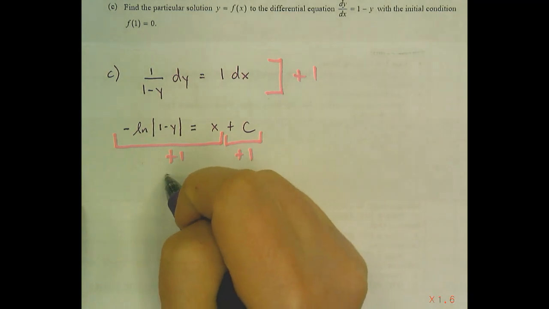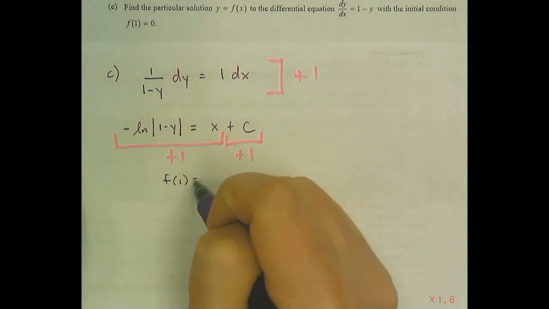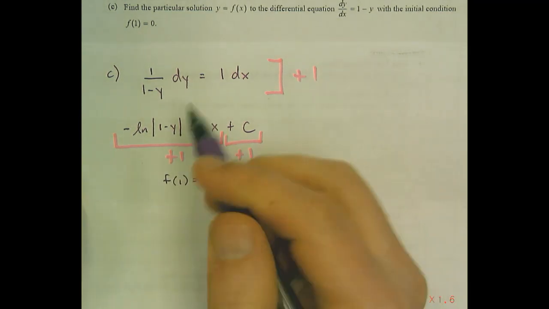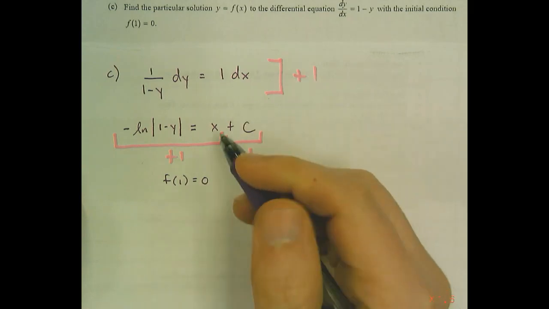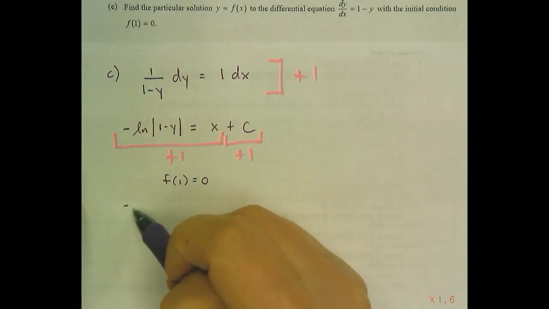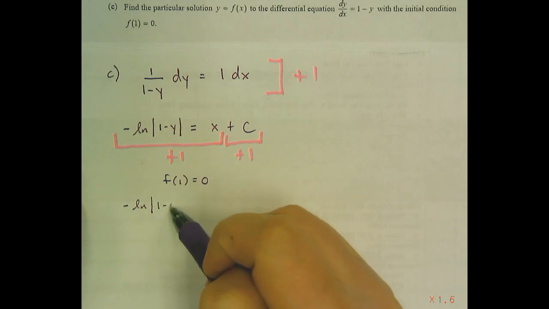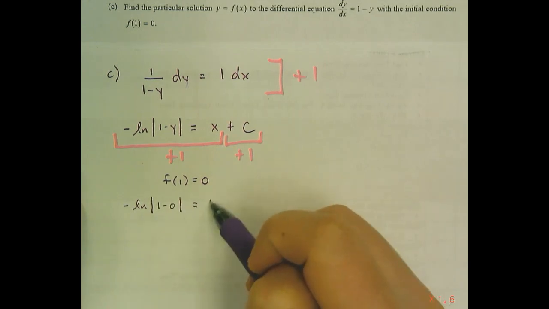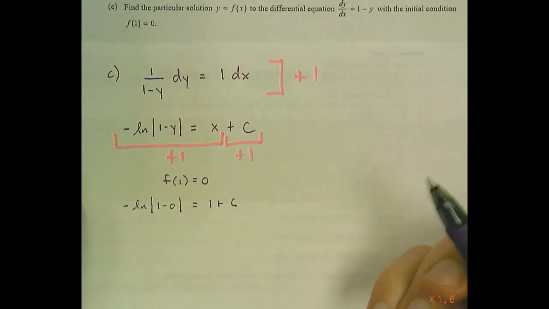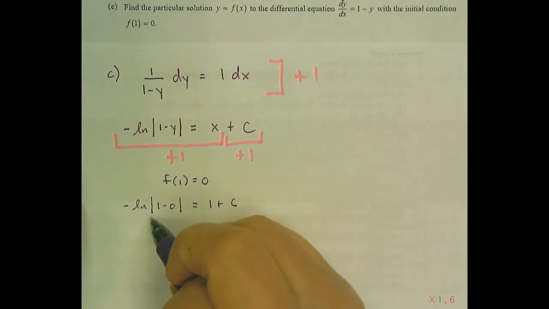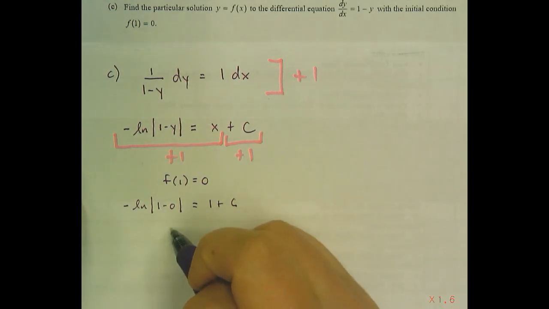Given the initial condition f of 1 equals 0, we can plug these values in for x's and y's. So negative ln of 1 minus 0 equals 1 plus c. Ln of 1 is 0.